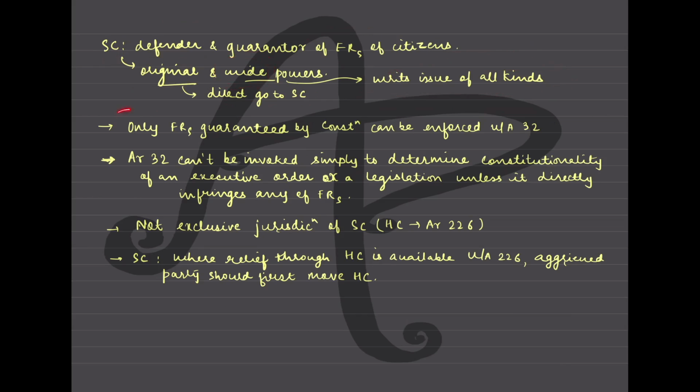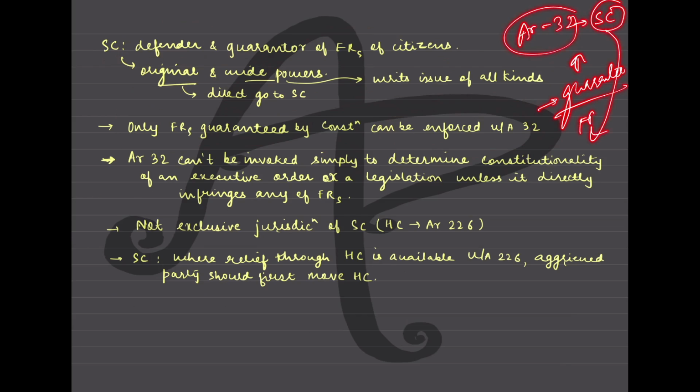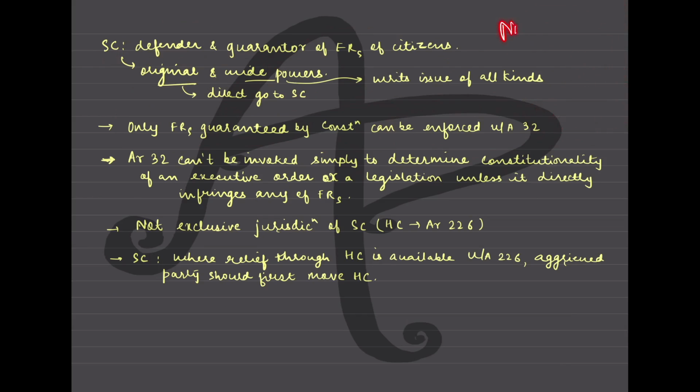Also, a very important thing to remember is that only the fundamental rights are guaranteed by the Constitution and they can be enforced under Article 32. So under Article 32, if the Supreme Court is involved, they will only deal with the matters wherein your fundamental rights are infringed. No other matter.